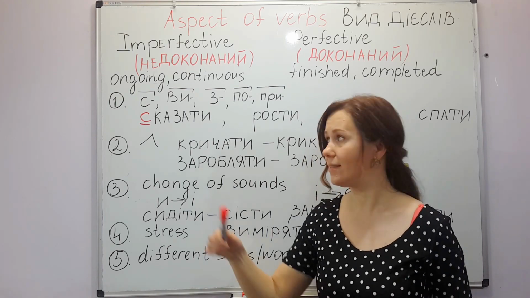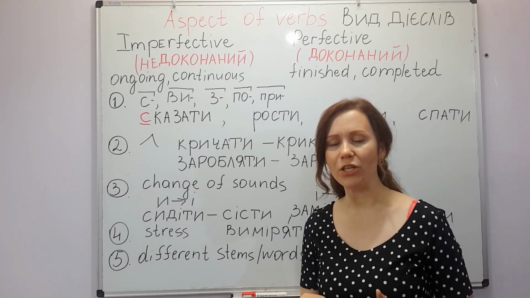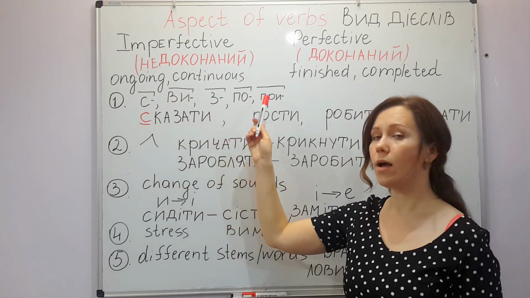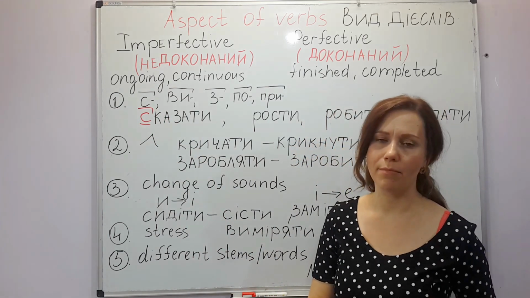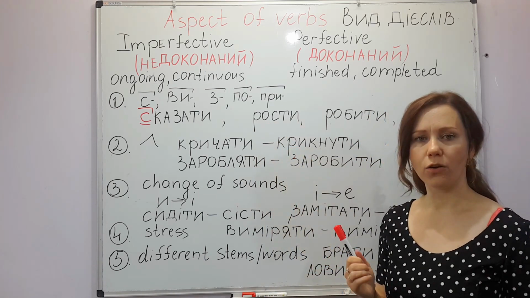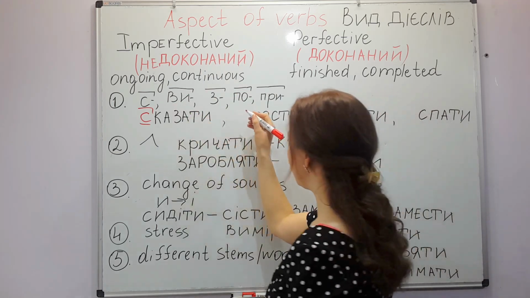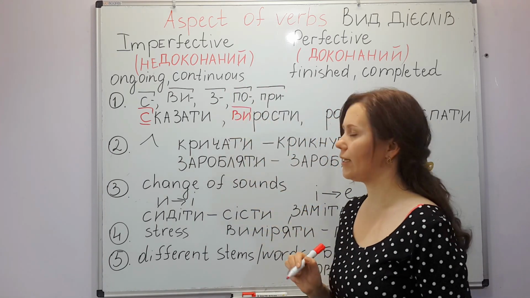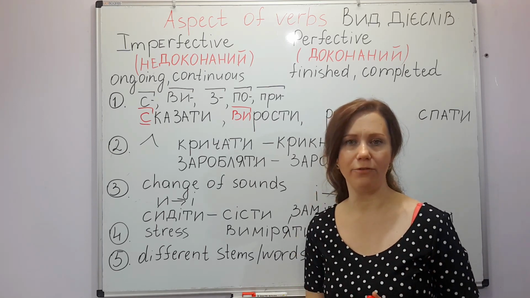There are more than these, but I wrote the most frequently used for you. They are с, ви, з, по, при. Here we used с: казати, but сказати. Рости, to grow, is imperfective. If you add ви, вирости, you again get to grow, but вирости is a perfective verb.